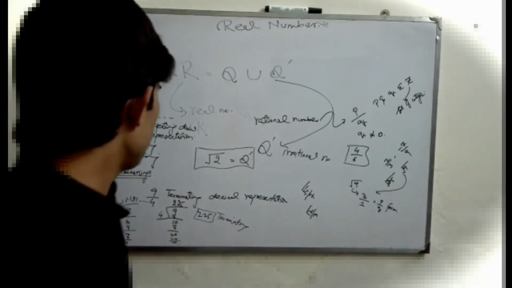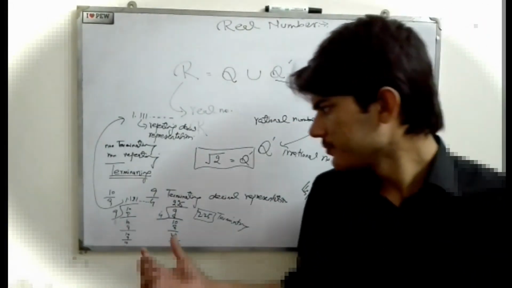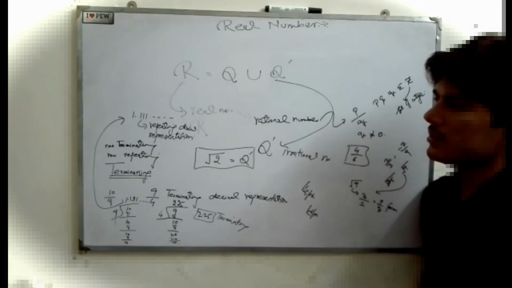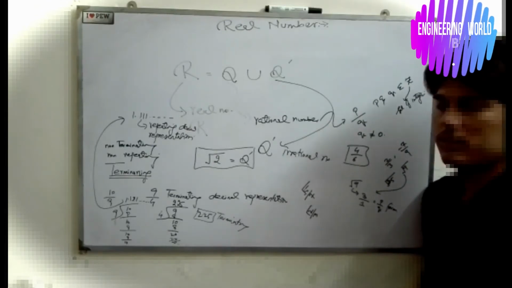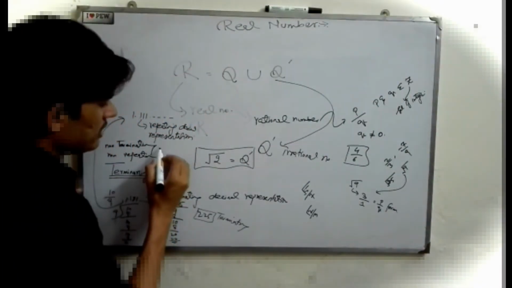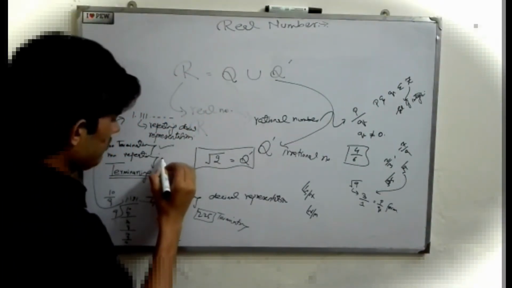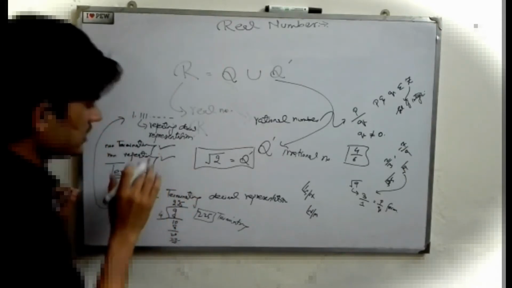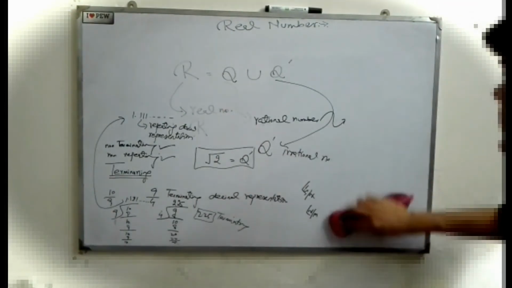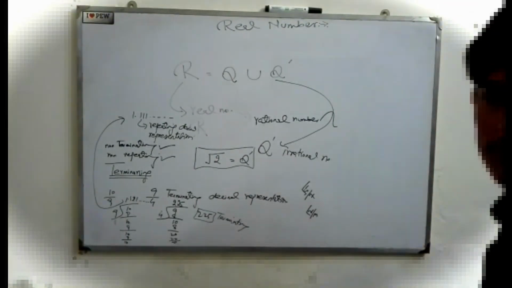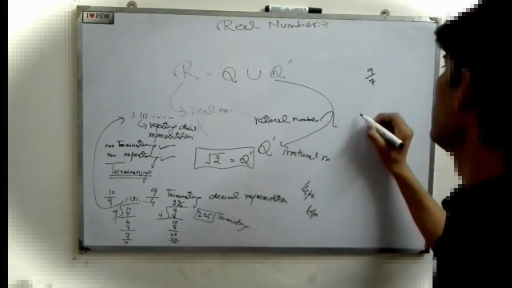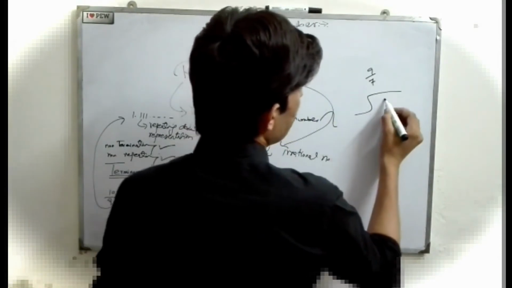So whenever your decimal representation is either terminating or repeating, that decimal number is a rational number. While those numbers whose decimal representation is non-terminating and non-repeating, that decimal number is an irrational number. How? Let's take an example. Let's say we have 9 by 7. If we simplify it, let's see what we will get.